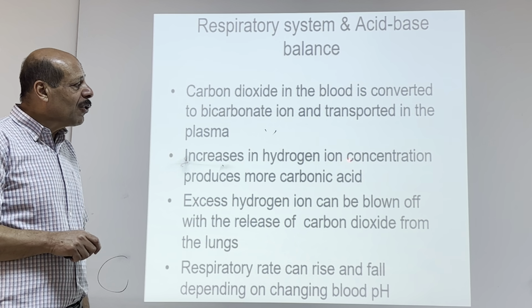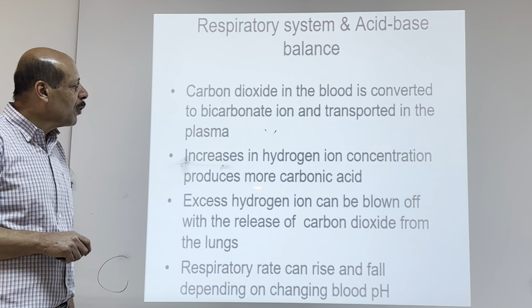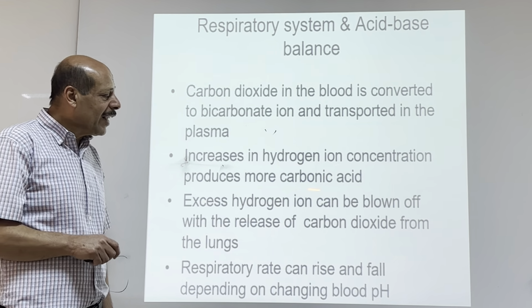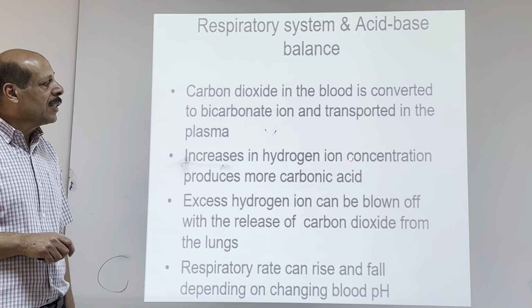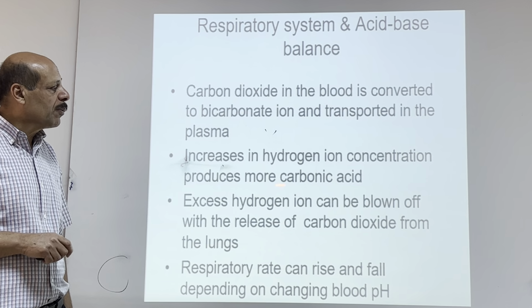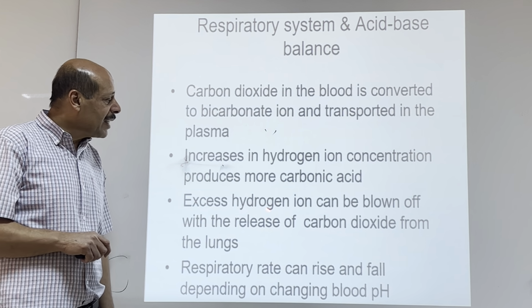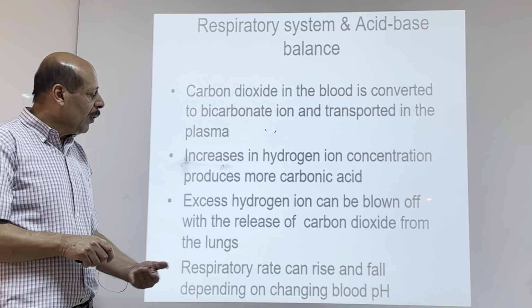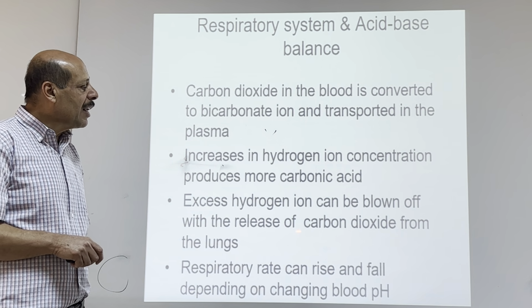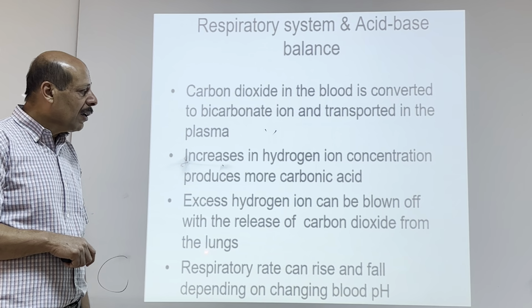Increase in hydrogen ion concentration produces more carbonic acid. So when there is an increase in hydrogen ion concentration, it produces more carbonic acid. Excess hydrogen ion can be blown off with the release of carbon dioxide from the lung.